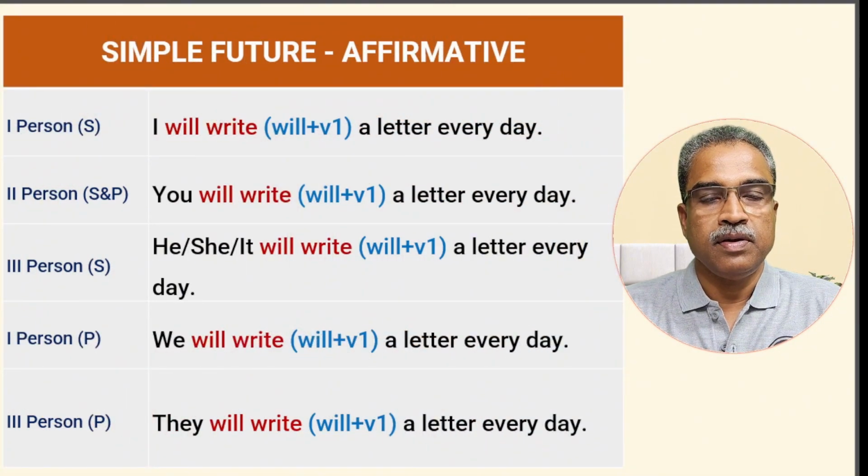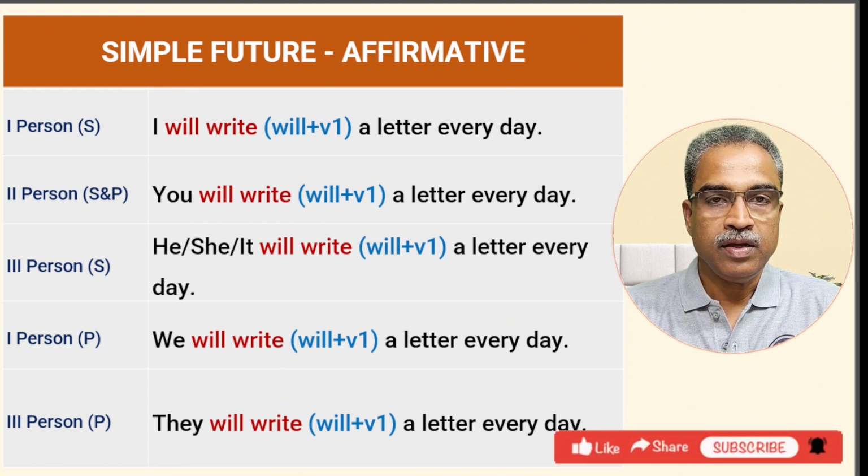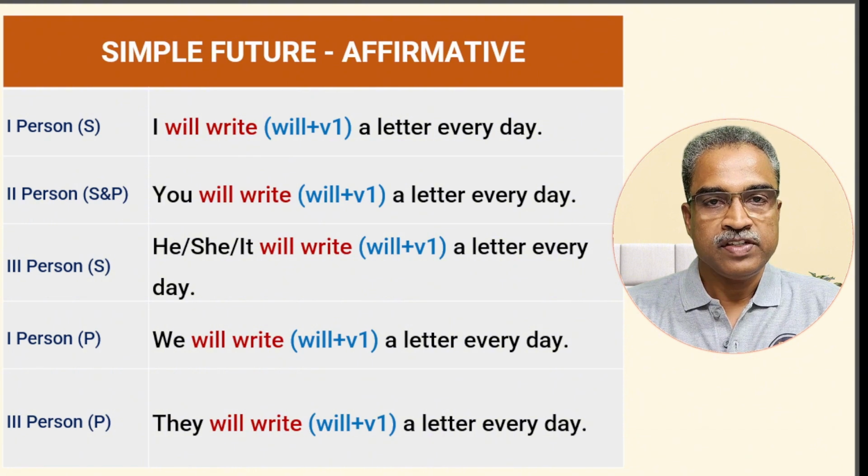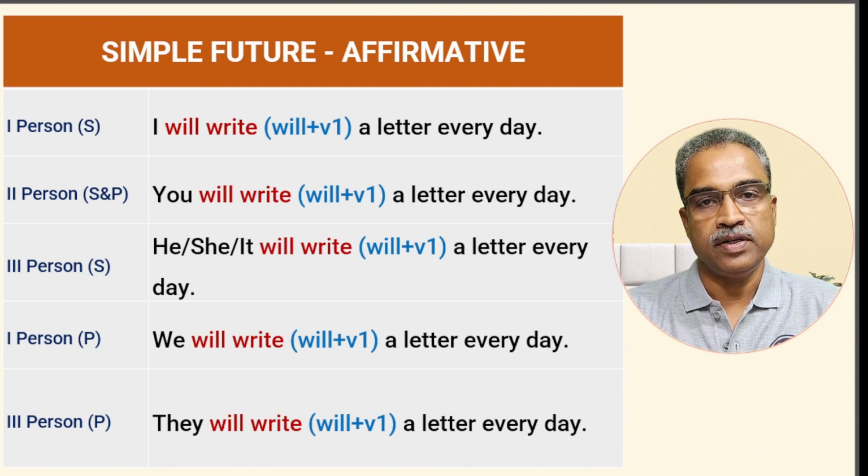First, let's learn how to frame affirmative statements in the simple future. As usual, let's start with our first person I. Now here, before I go one by one, let me just tell you, irrespective of the subject, in the simple future, you have only one format, that is subject plus the modal auxiliary, which I spoke about earlier in one of those videos.